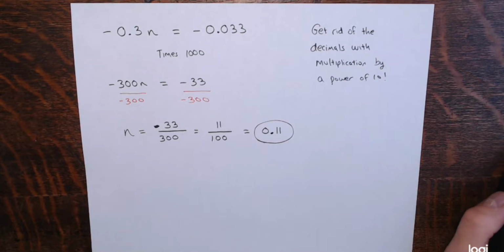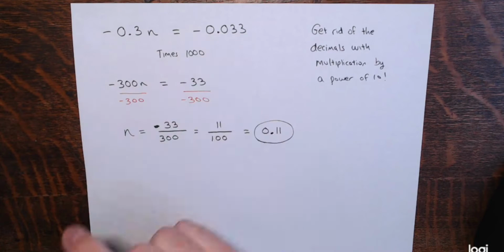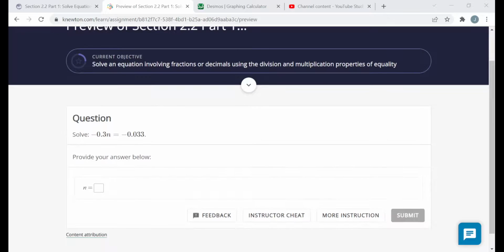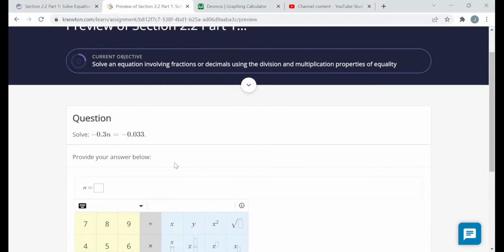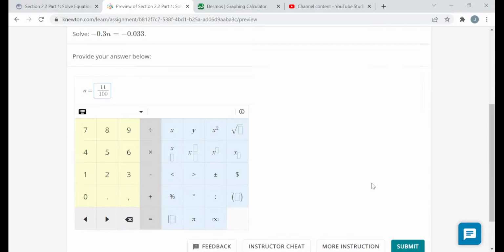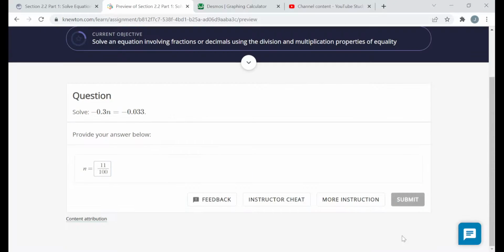But yeah, multiply both sides by some power of 10, 10, 100, 1,000, whatever, to get rid of the decimals and solve. Now, I'm pretty sure it'll take the fraction too. I'm going to check that. 11 over 100. I mean, it is the solution, so it should take it.